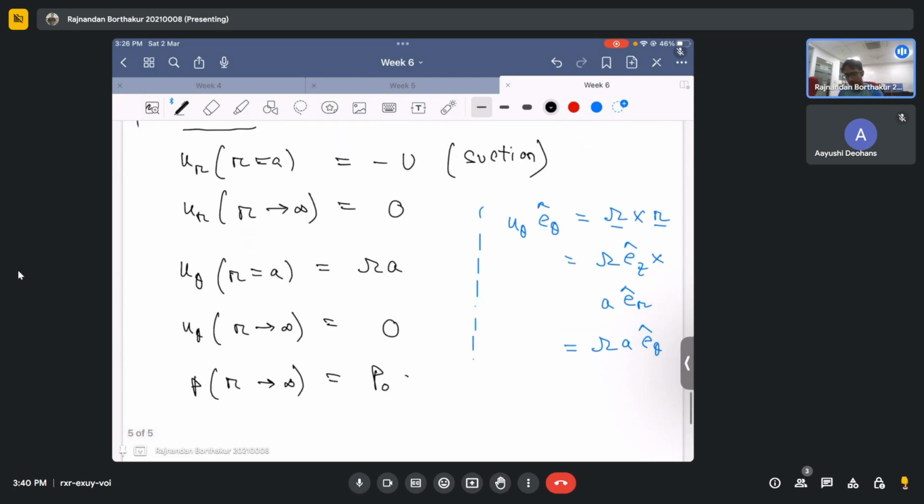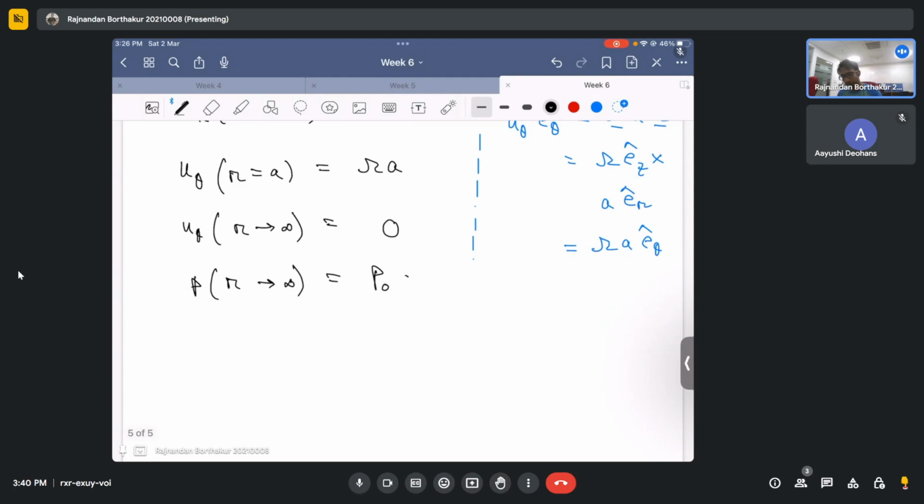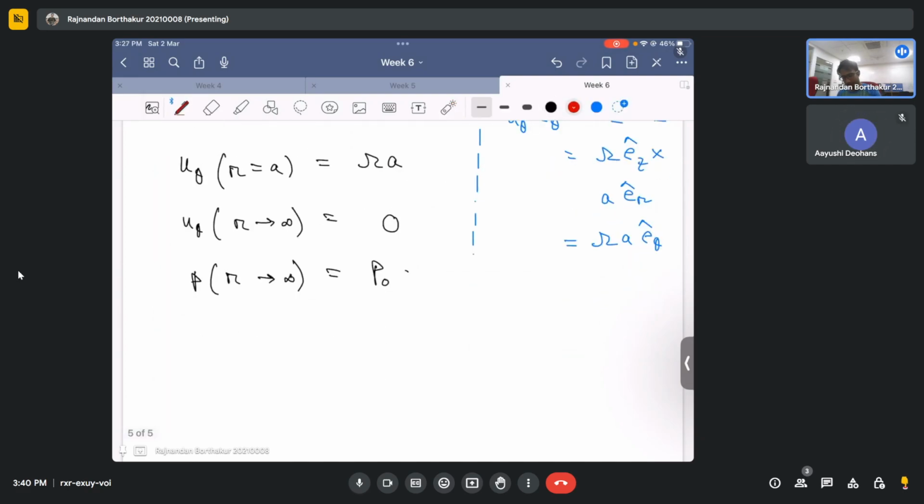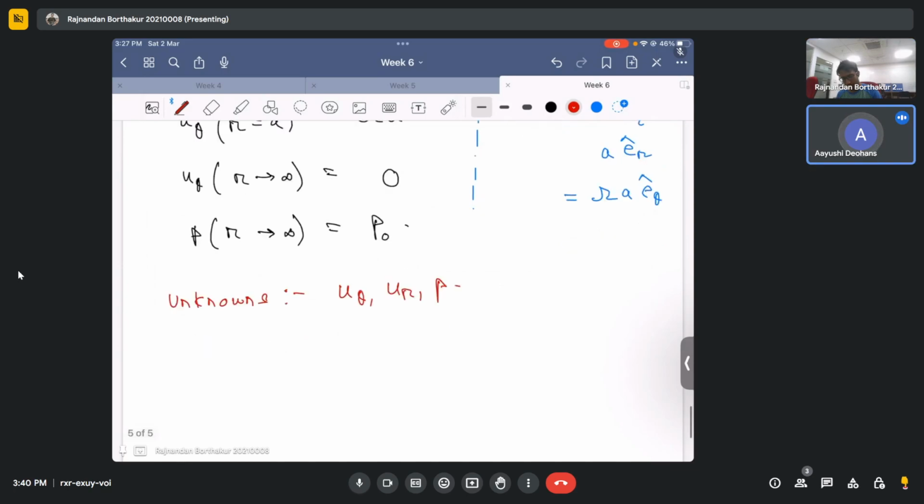So now, can you tell me how many unknowns we are trying to solve for? Three unknowns. So let's write that. What are the unknowns? By three, I think you mean u theta, ur, and the pressure. Yes.